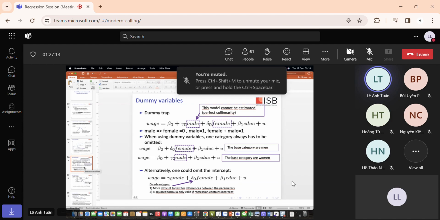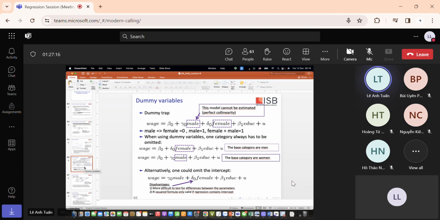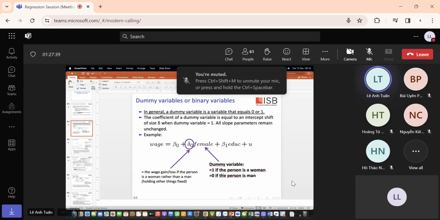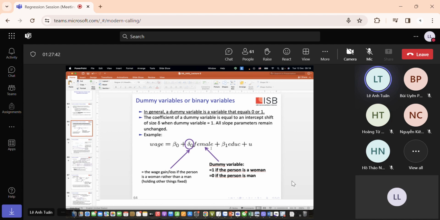For example, you would like to investigate the impact of gender on the wage, and you define female as a dummy variable equal to 1 if a person is a woman, and equal to 0 if a person is a man. That means female, equal to 1, is the main group, and here we have the base group.